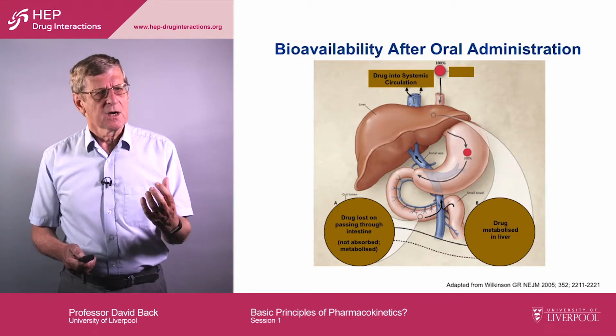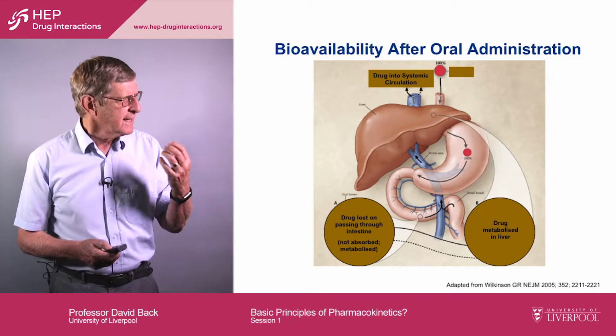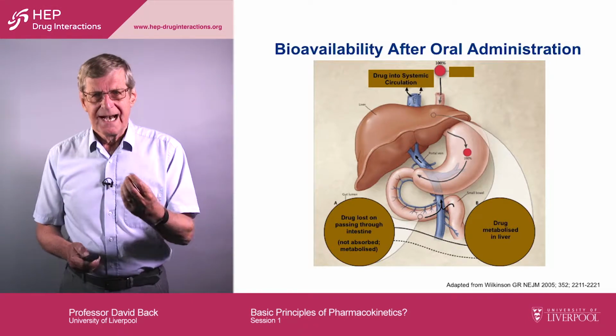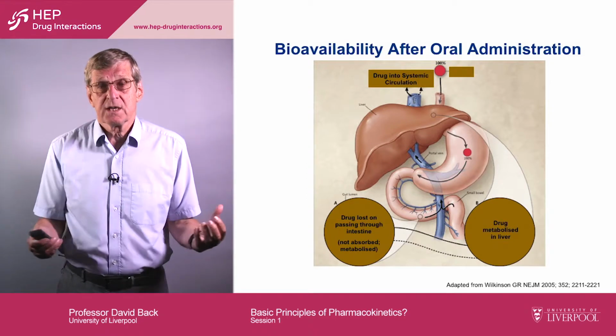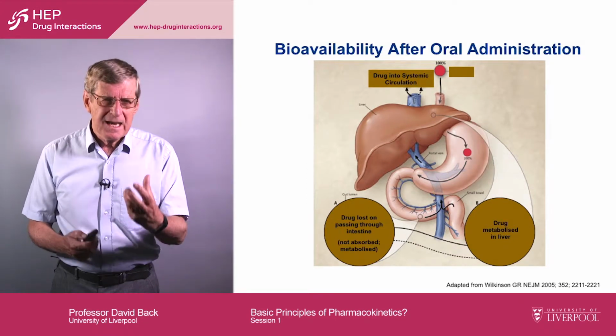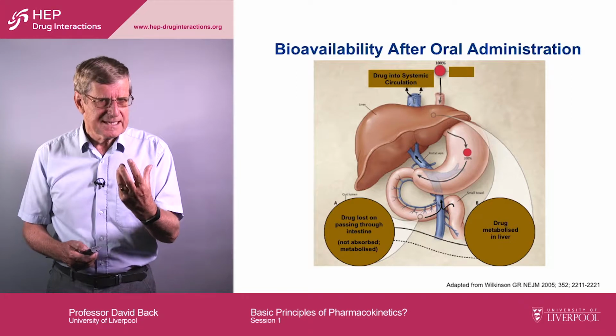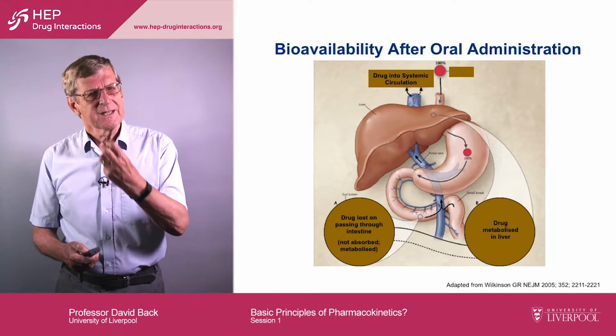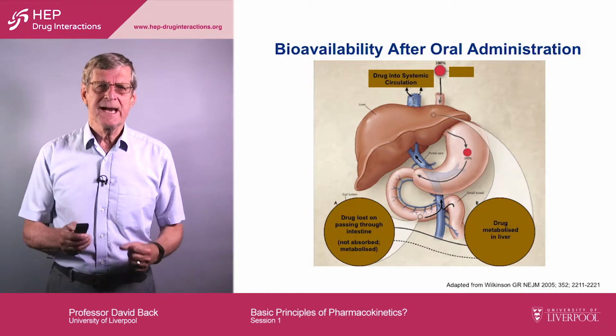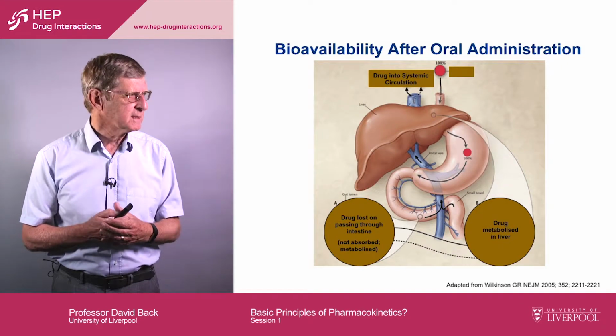Now, not all of that drug may be absorbed. So you can get drug lost as it passes through the intestine. It may be because the drug is not absorbed. Or it may be that the drug is actually metabolized in the intestine. So not all the drug that is taken as a tablet may actually get to where you want it.